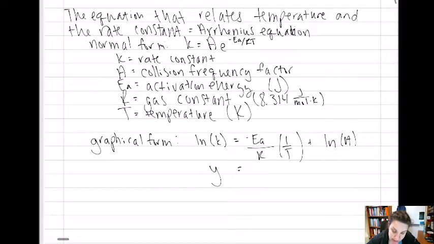Our negative Ea over R is our slope. Our 1 over T is our x. And our ln A is going to be our y-intercept. So if we take ln k versus 1 over T, we get a linear relationship.